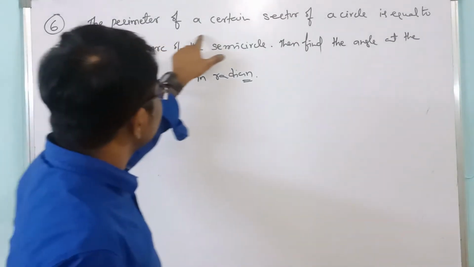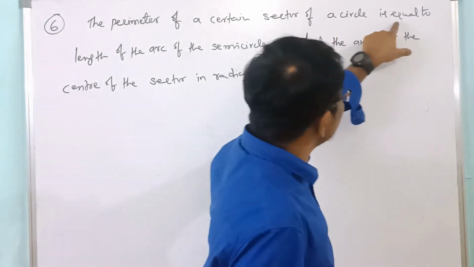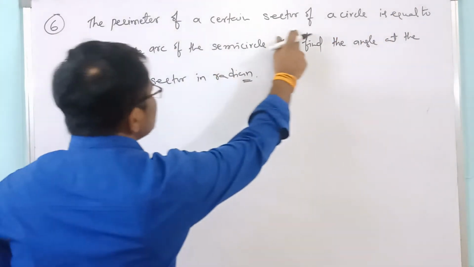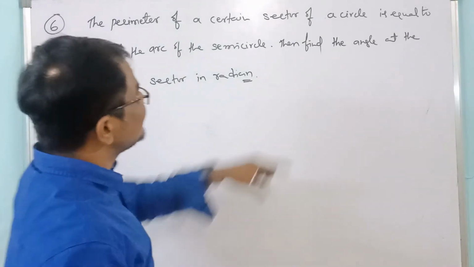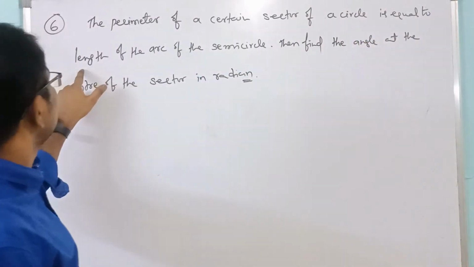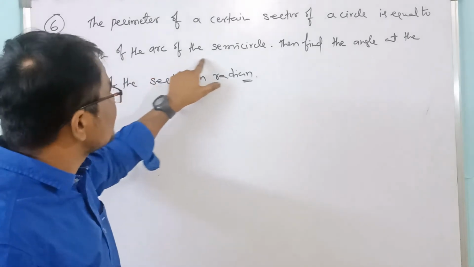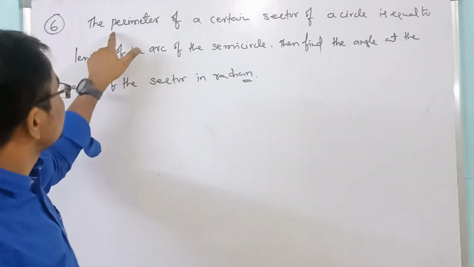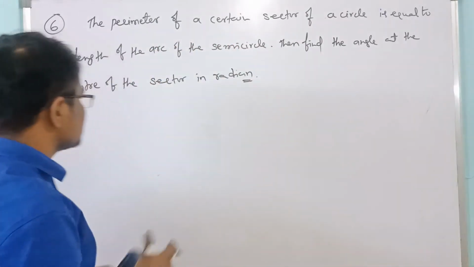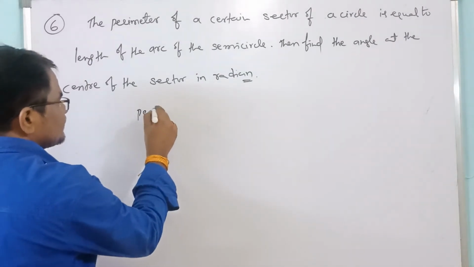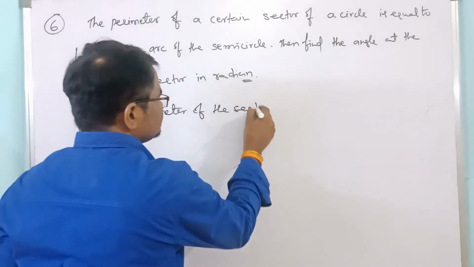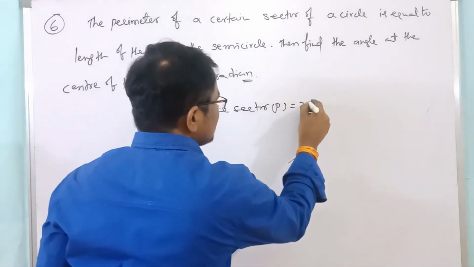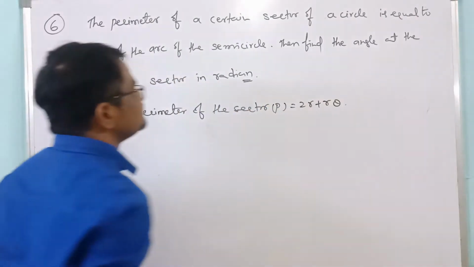Now see the sixth problem. The perimeter of a certain sector of a circle is equal to the length of the arc of the semicircle. So the perimeter of the sector, the formula is 2r plus r theta.